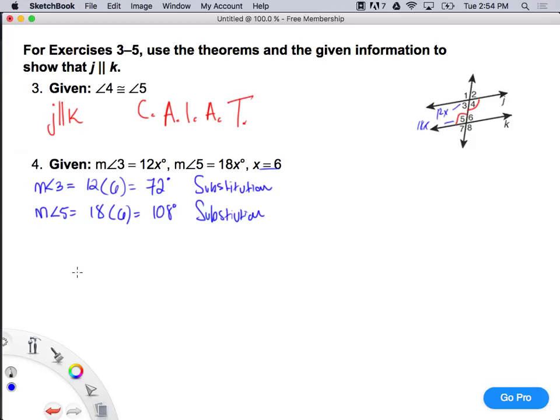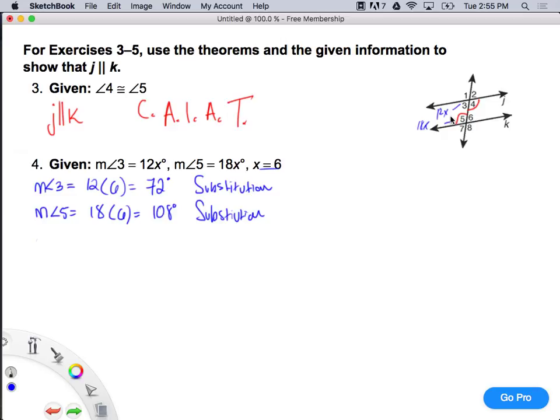Okay. Then look. I have this one is 72 degrees and that one's 108 degrees. What are they? They're interior on the what side? Same side. So I know they should be what? Supplementary. They're same side, they should be supplementary, right?